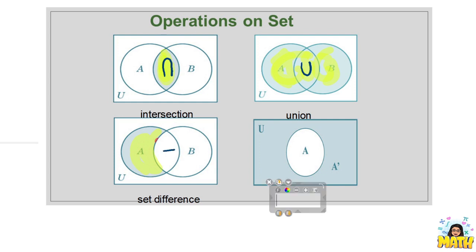And the last one pertains to the complement of a set. Ano-ano yung mga elements na wala sa set A pero kabilang pa rin sa universal set. So again, the symbol A prime pertains to the complement of a set. So that's it. I hope that you have learned something new today.